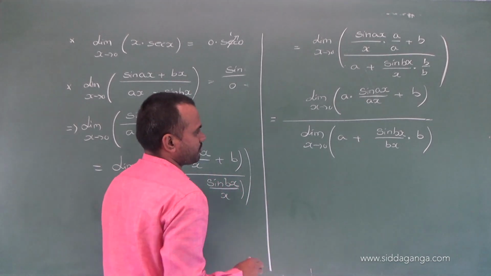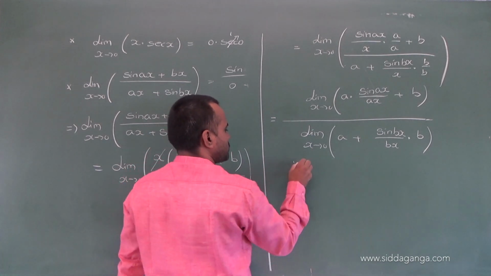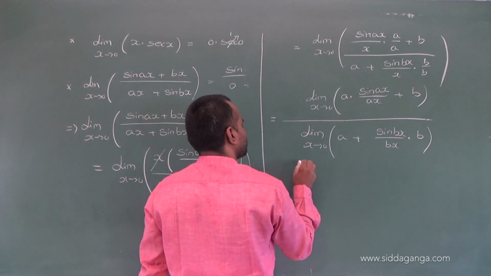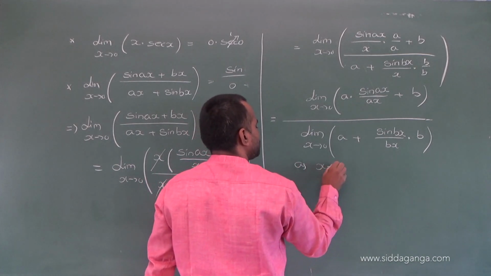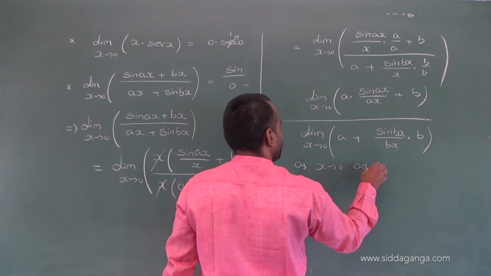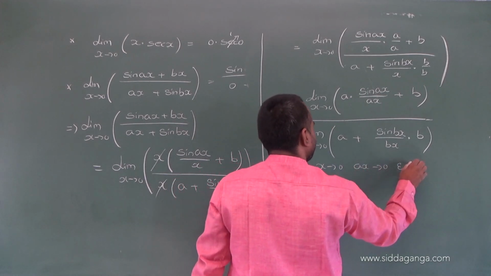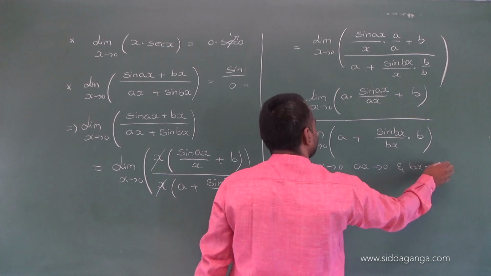As x tends to 0, ax also tends to 0 and bx also tends to 0.